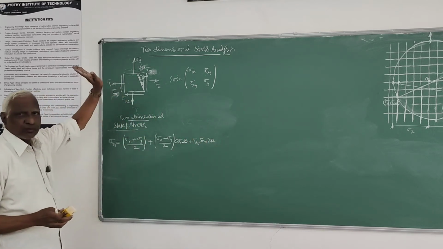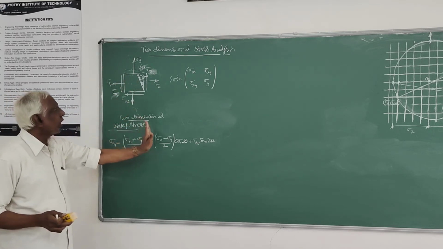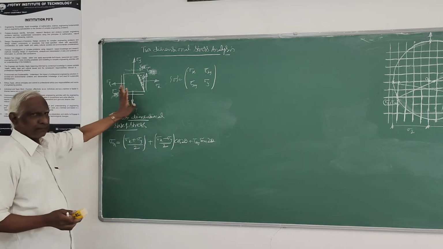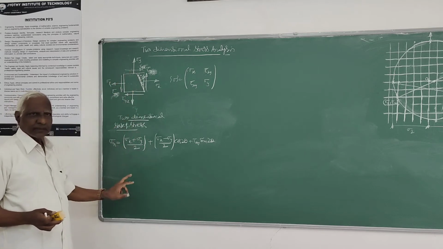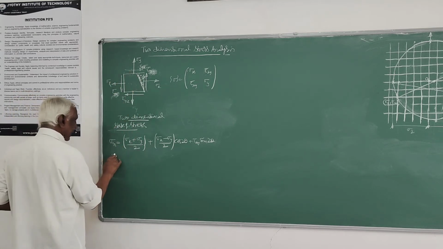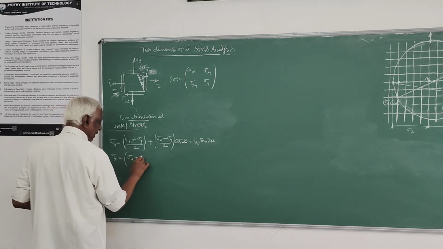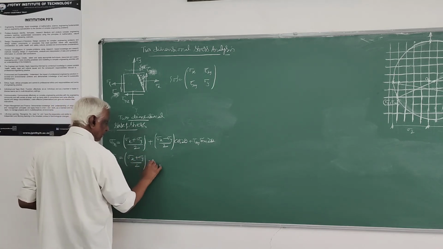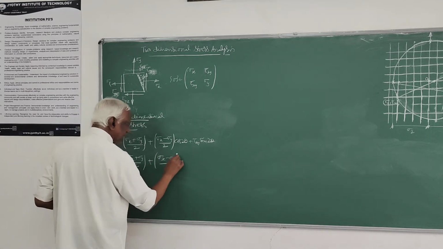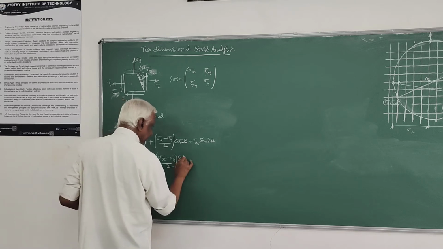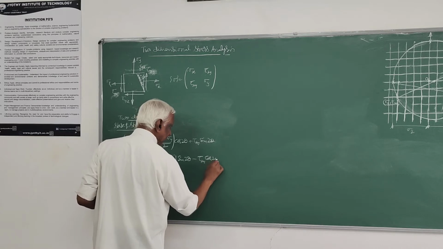This is the value of the resultant normal stress on any plane within the element which is making an angle theta with the vertical. Similarly, the tangential stress is given by sigma t equals sigma x plus sigma y by 2 plus sigma x minus sigma y by 2 into sin 2 theta minus tau xy cos 2 theta.